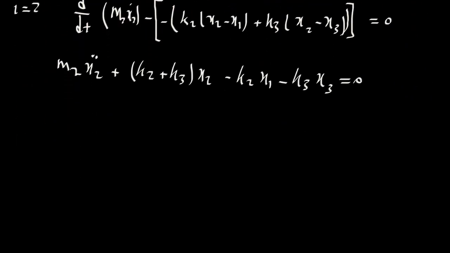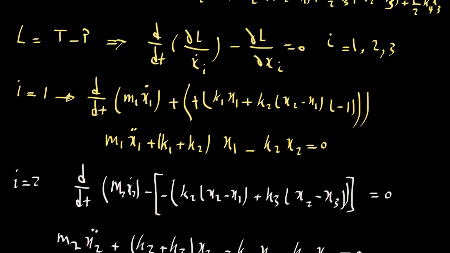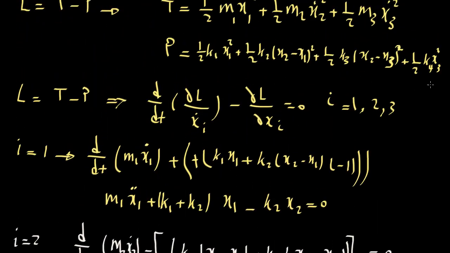Same thing for the third degree of freedom here. So for i equal to 3, we get d over dt of the derivative of the Lagrangian with respect to x3 dot, which would be m3 x3 dot, minus, we have another minus here, and this would be the derivative of this potential energy with respect to x3.